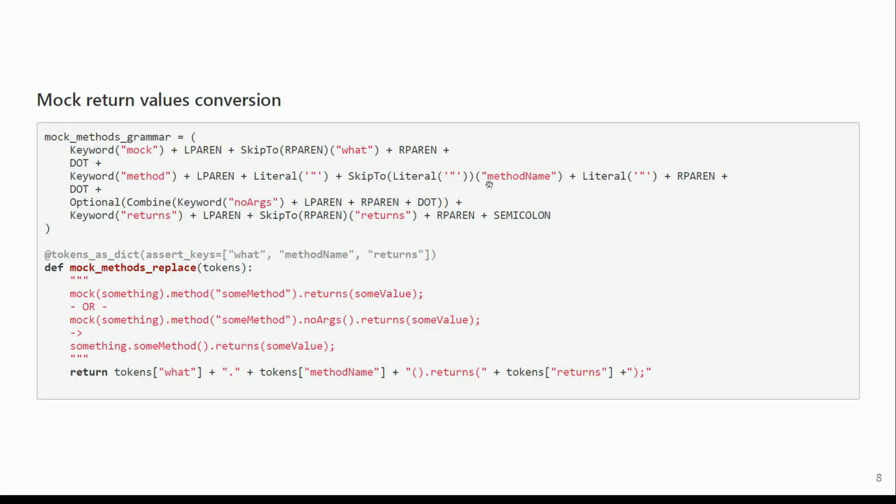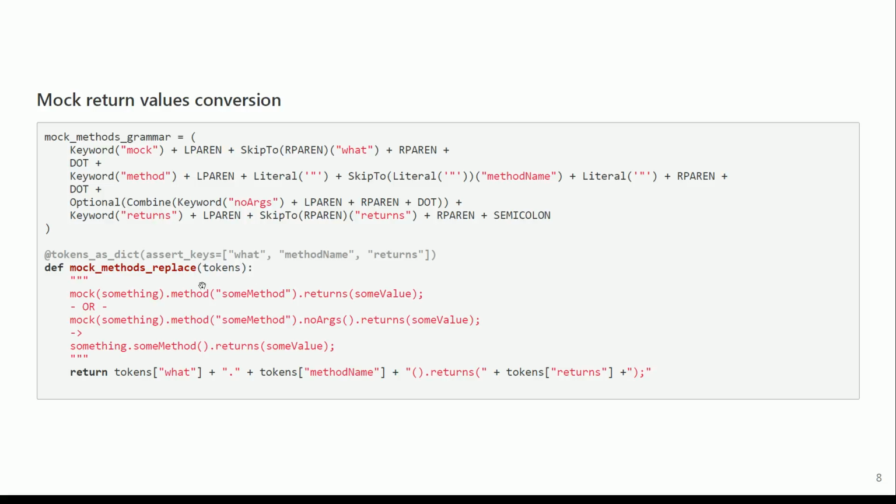Then the quote until which one we are skipping, right parenthesis, dot, then the optional part with the no args, and then the keyword returns, which we need afterwards to basically grab the content of the parenthesis, and semicolon. That's pretty much it.